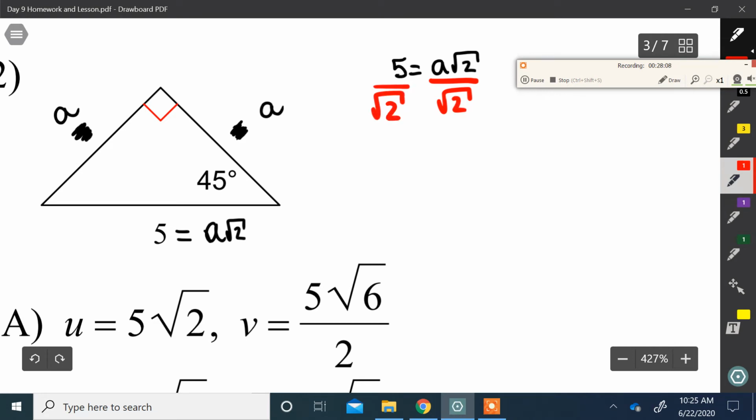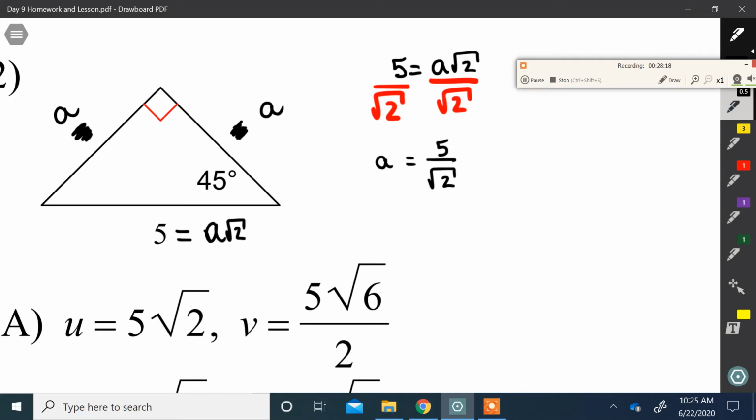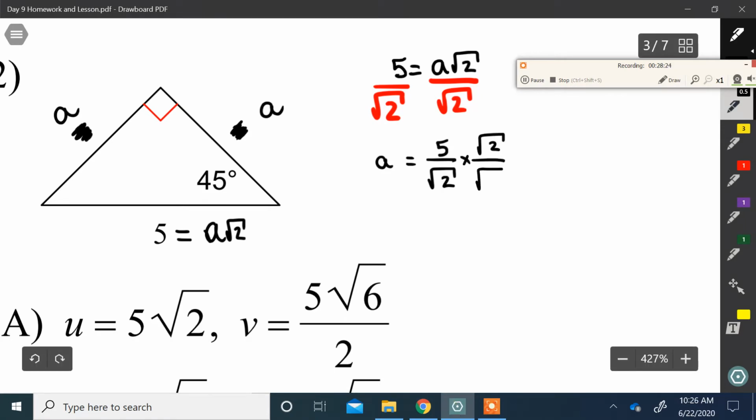We're going to solve for A, and we get A is equal to 5 over square root of 2. Now, you don't want to have a square root of 2 on the bottom. So what needs to happen is that we need to multiply this by square root of 2, so that when I multiply this, I get a 2 on the bottom. And then I get 5 square root of 2.